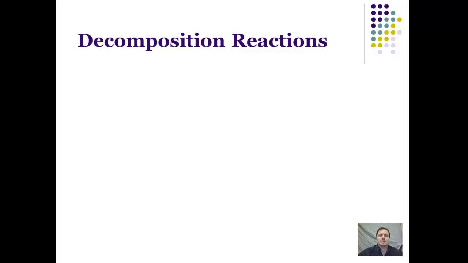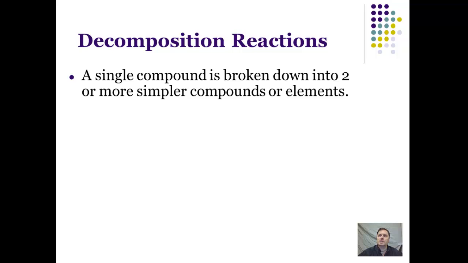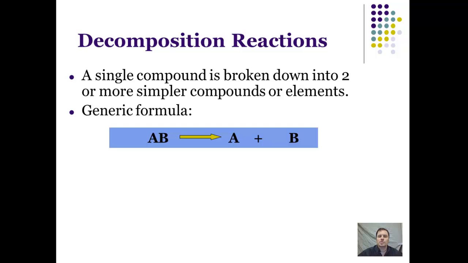Our next type is decomposition. Think what it means for something to decompose. It breaks down, right? Well, in a decomposition, one reactant is breaking down into 2 simpler products. It's basically the opposite of our synthesis, our direct combination. So our generic form is AB breaking down into A plus B. So the opposite of that combination.